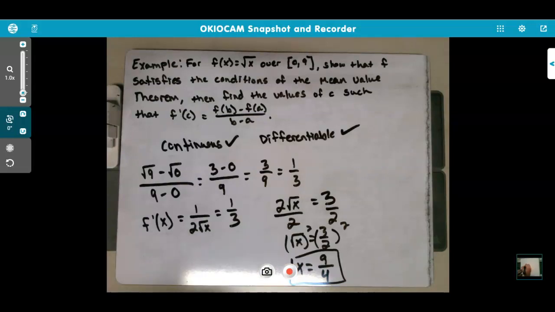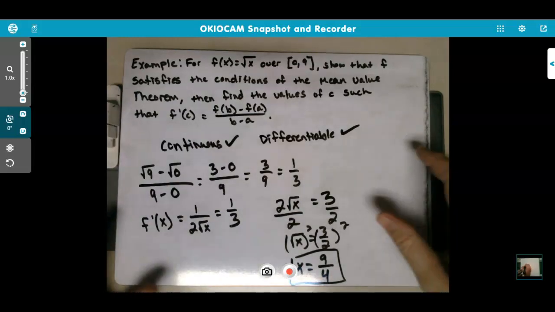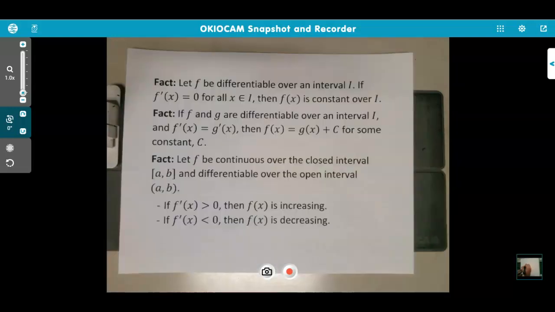Using these two theorems, we can come up with a bunch of extra facts that we are going to use in this class. Okay, I have them all right here. The first one: let f be differentiable over an interval I. If the derivative is equal to 0 for everything inside of that I, then f of x has to be a constant.